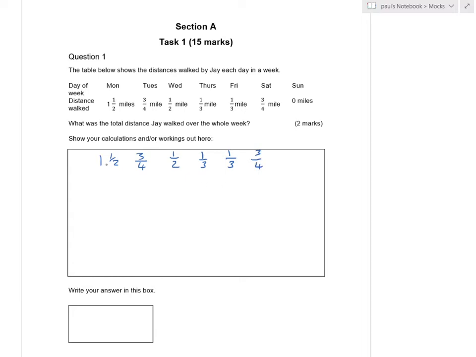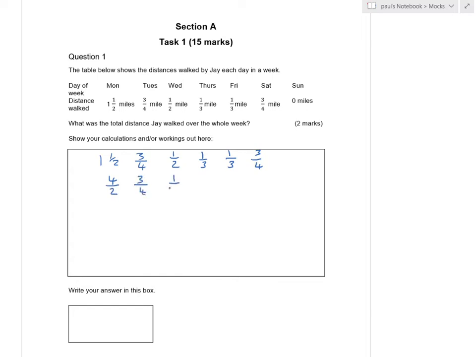How can we do this? I've got thirds, and it's difficult to add this. So I'm going to make the 1.5 first of all to be 4/2.